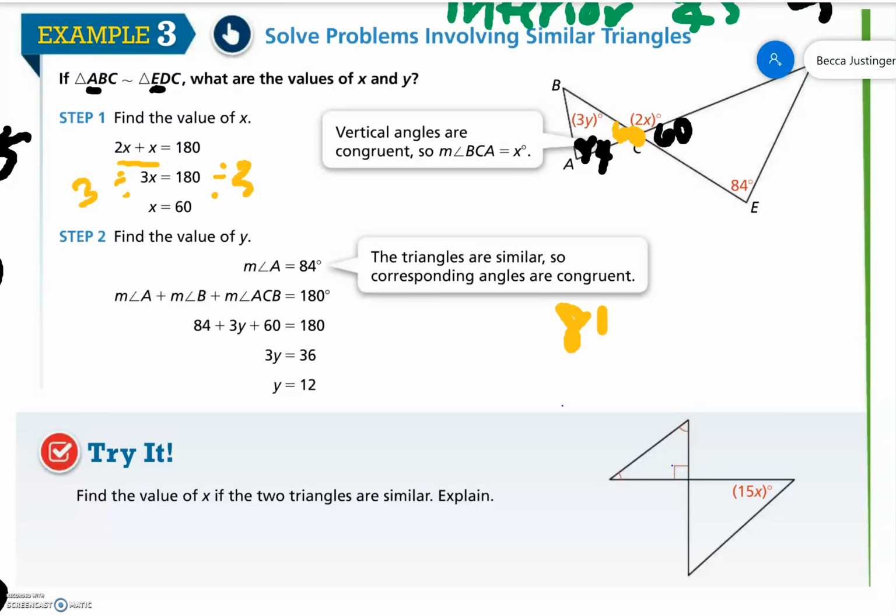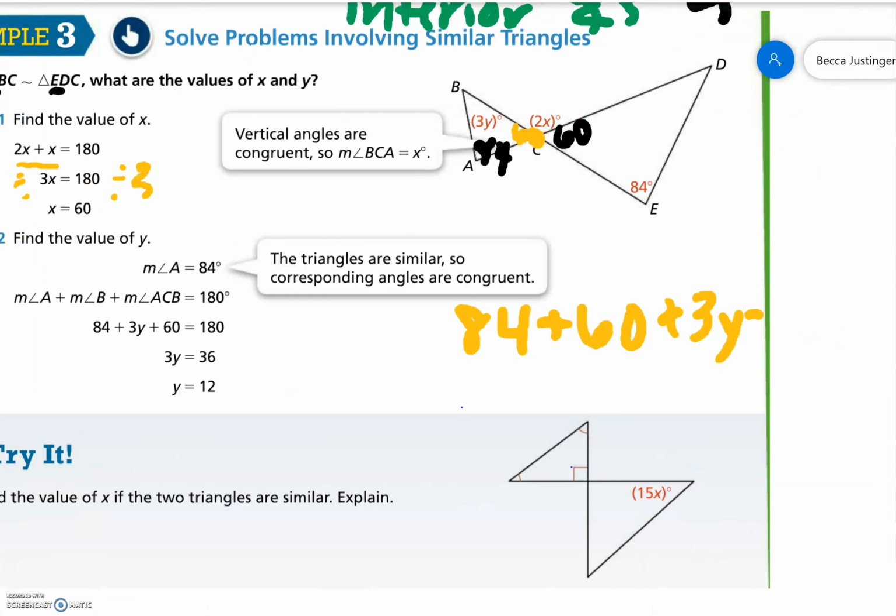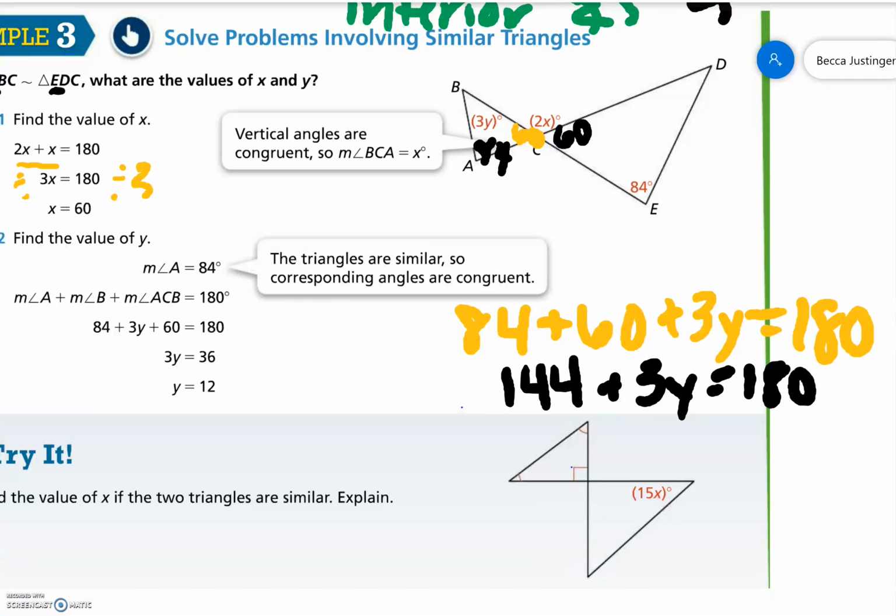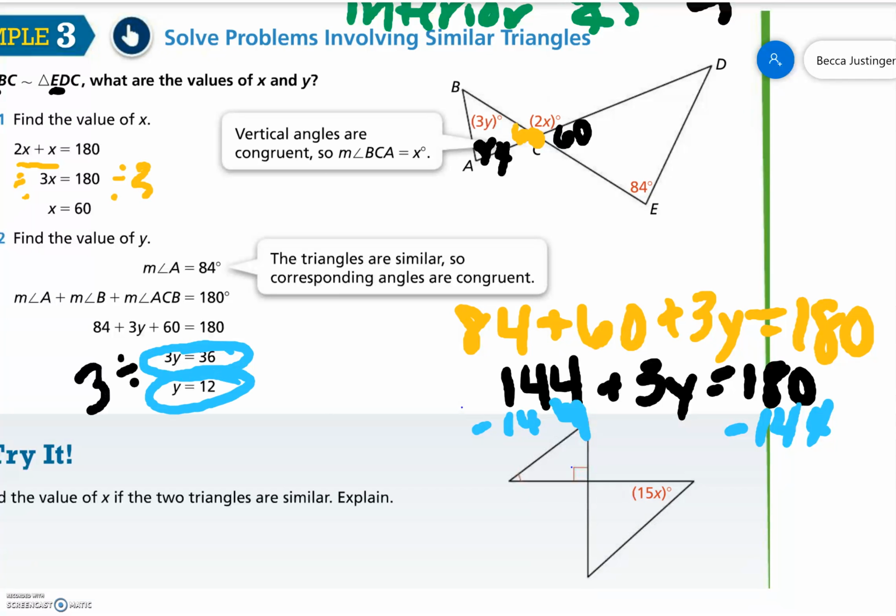So I know 84 plus 60 plus 3y has to be equal to 180. Combine like terms, 84 plus 60 is 144 plus 3y equals 180. Subtract 144 from both sides, and 3y equals 36, which means y equals 12 when we divide both sides by 3.